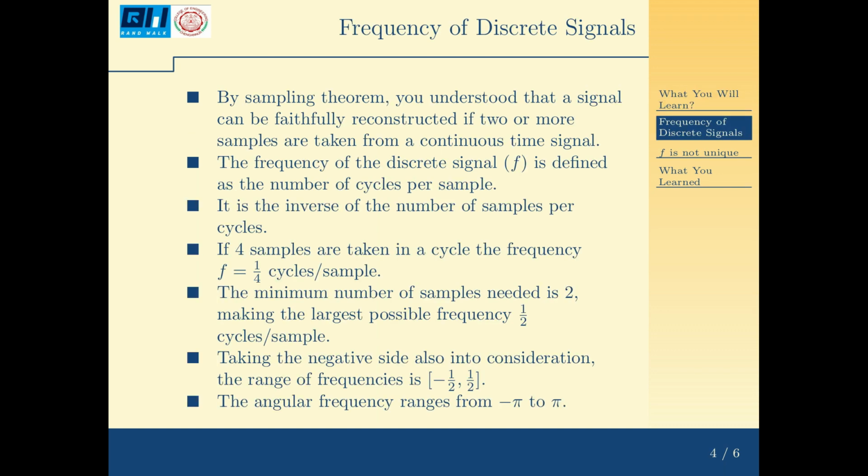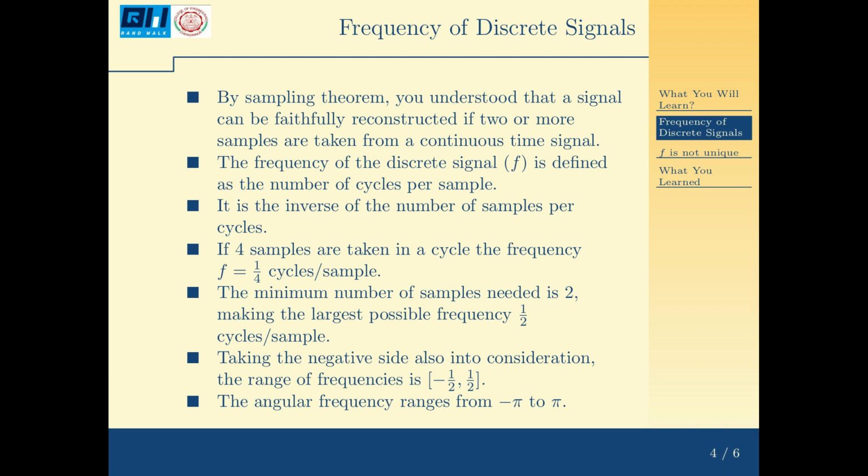In the last presentation, you understood that an analog signal or a continuous time signal can be faithfully represented by its samples. And by sampling theorem, you understood that a continuous time signal can be faithfully reconstructed if two or more samples are taken from a period.